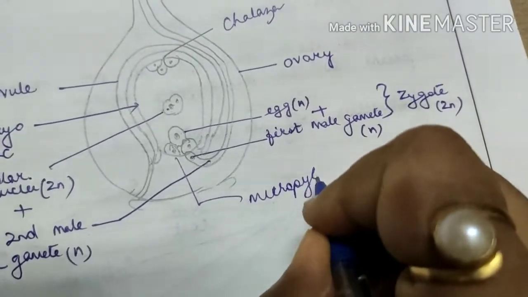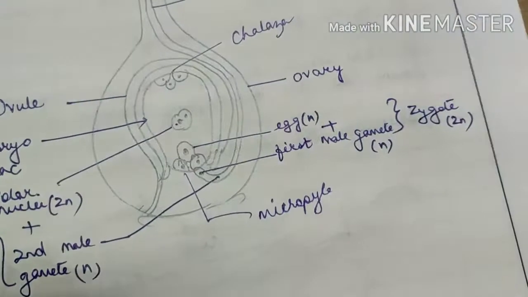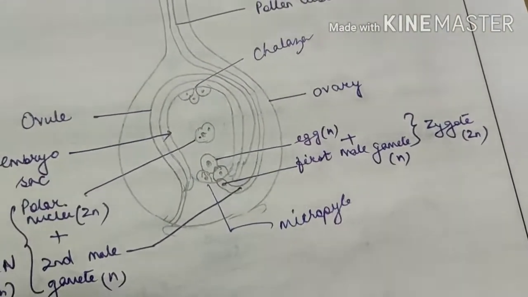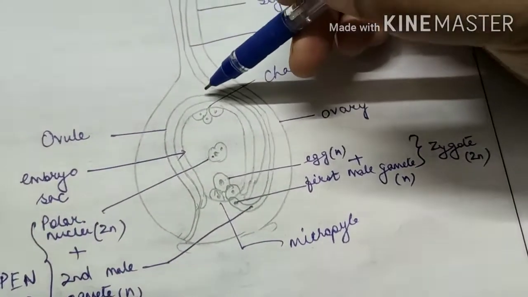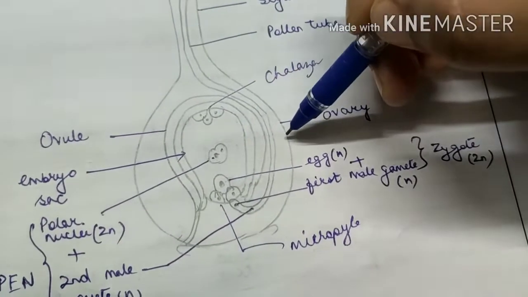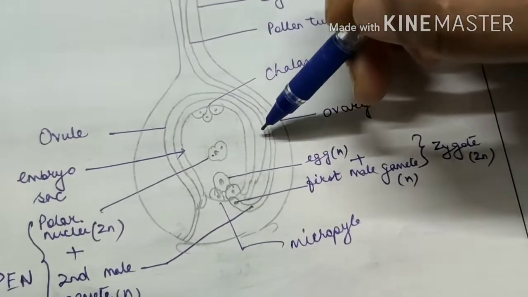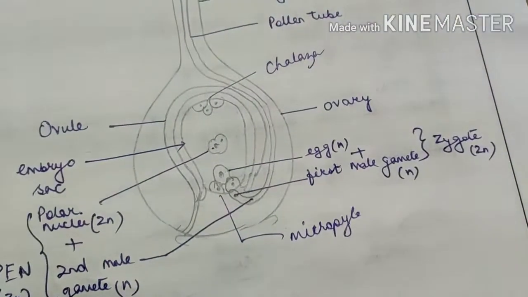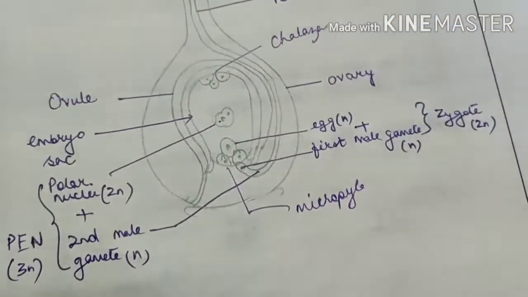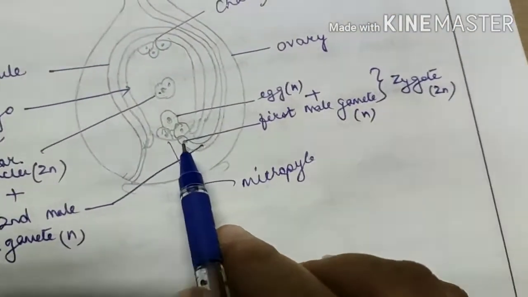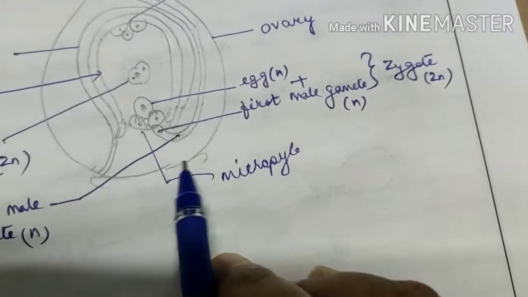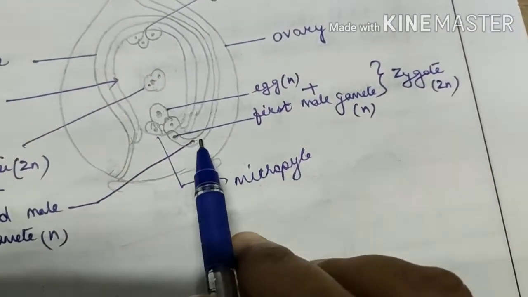In most cases, the pollen tube enters through the micropyle, but sometimes it enters through the chalaza, or sometimes through the integuments. Rarely, but it happens in some cases. So in most cases we are drawing it through the micropylar end. You can see the pollen tube has entered.